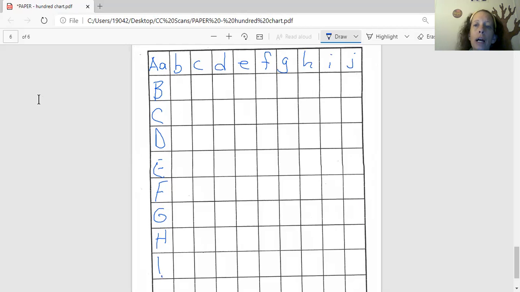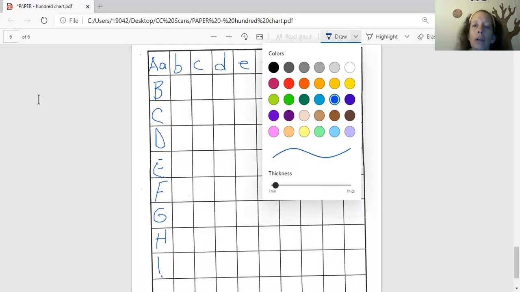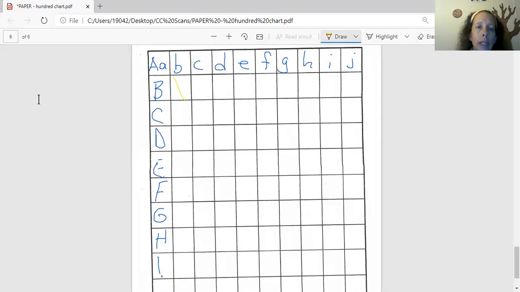And with your highlighter, you're going to give me an X on little b all the way down. And then also an X on big B all the way over. Big B and little b get X's.